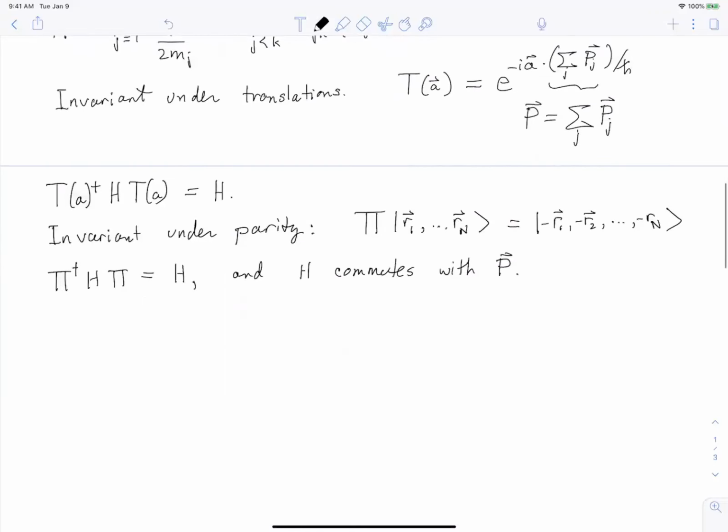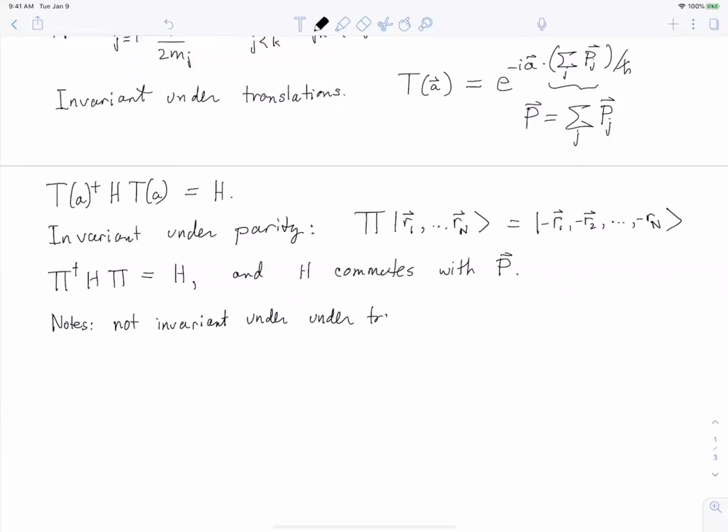So one thing to note is it's not invariant under translations of just individual particles, which you can define. There's nothing wrong with defining those.